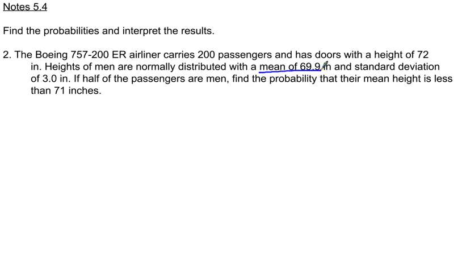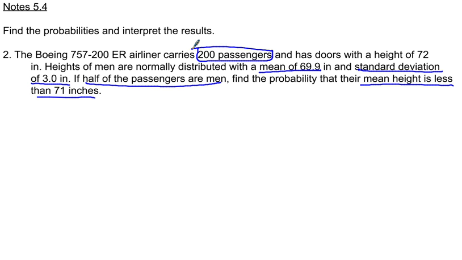Now we have a mean and a standard deviation. If half the passengers are men, what is the probability that their mean height is less than 71 inches? Also, it says half the passengers. So if there's 200 passengers, half of that, our sample size is going to be just 100 now.